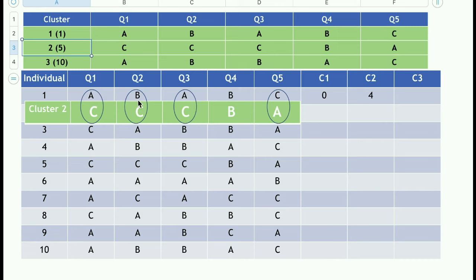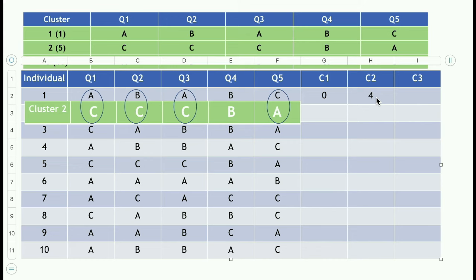Question 2, the same, B, and cluster 2 gets C instead. A, C, C, A. So we use our rule and add 1 to each of the features that don't match. So we get 1 here, 2 here, 3 here, 4 here. So 4 of the features don't match, so we put a distance of 4 from cluster 2.